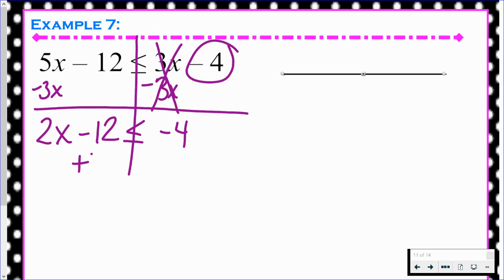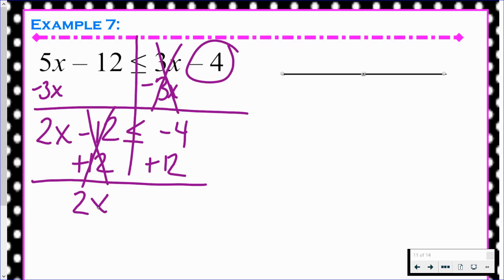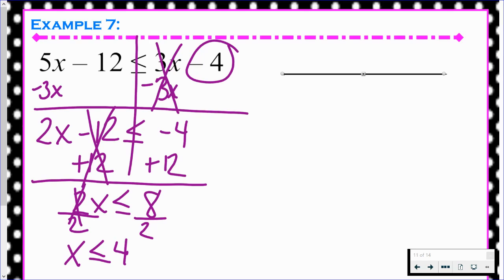Now I'm going to add 12. Now I'm going to do 2x is less than or equal to -4 plus 12 is 8. Now I divide by 2, divide by 2. X is less than or equal to 4.